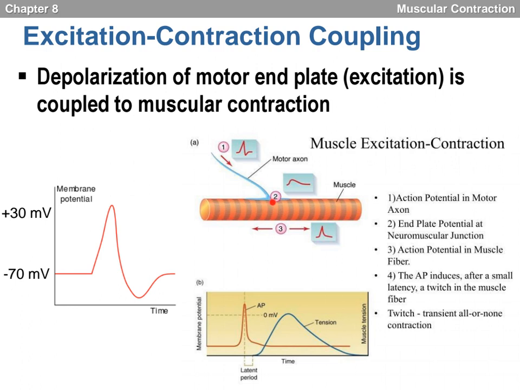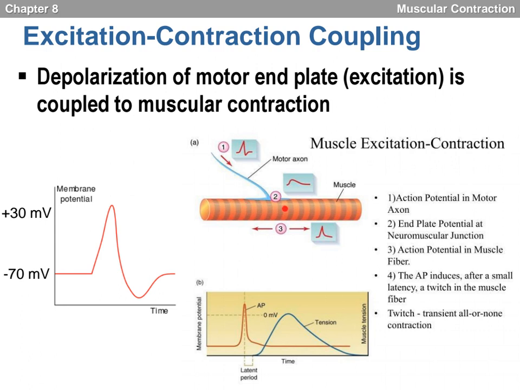Neurotransmitters are released, acetylcholine is released into the synaptic cleft, and then there's an end plate on the muscle, which consists of a specialized membrane that has a number of receptors for acetylcholine. These receptors are ligand-gated, meaning the acetylcholine will bind to them, and then the channels will open, and they'll allow positive ions to flux into the muscle.